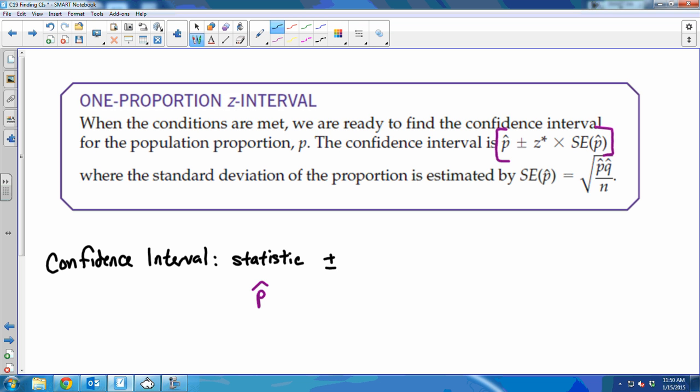Plus or minus critical value. In this case, we're talking about z critical values, so times the standard deviation of the statistic. Well, since we're talking about a sample proportion p hat, then the best we can do is find the standard error, the estimate for the standard deviation.